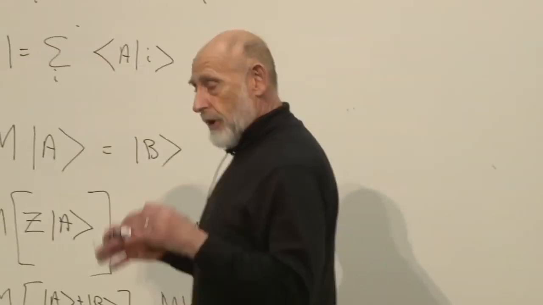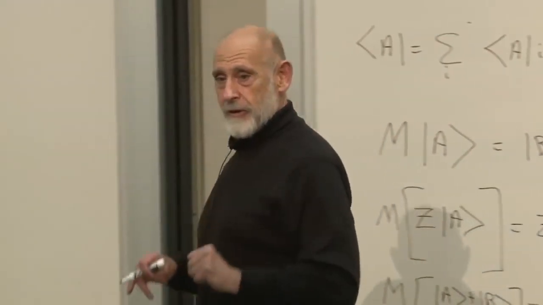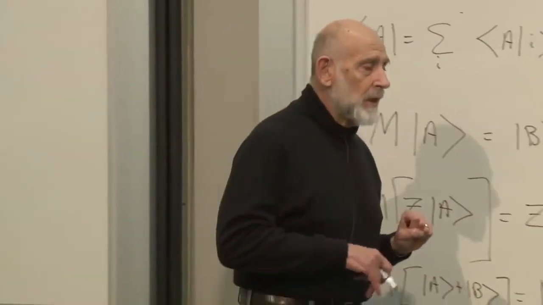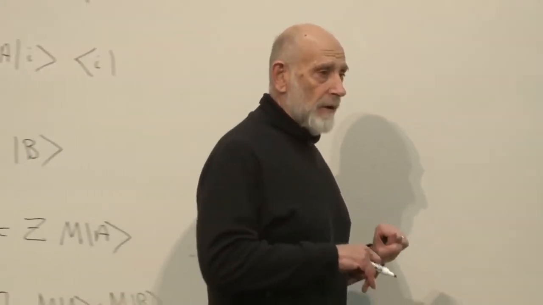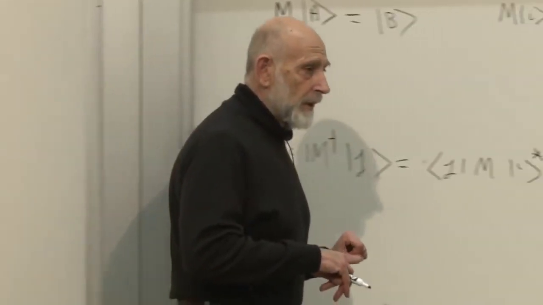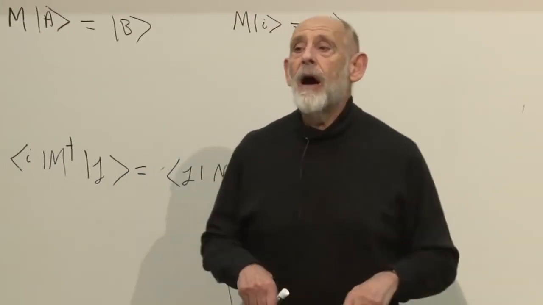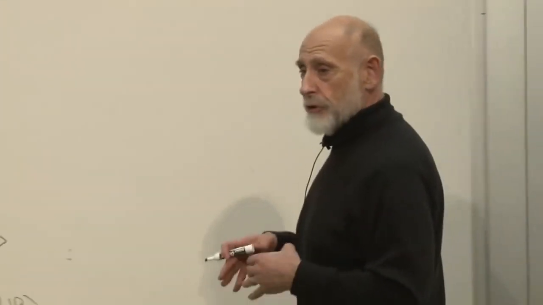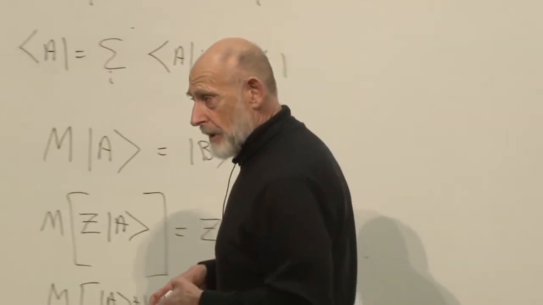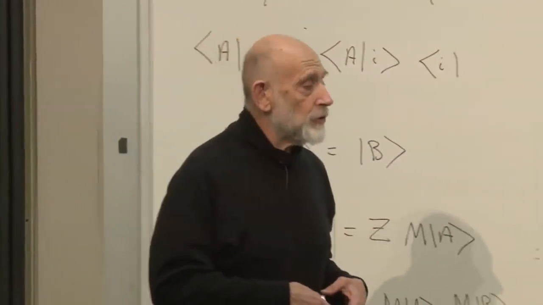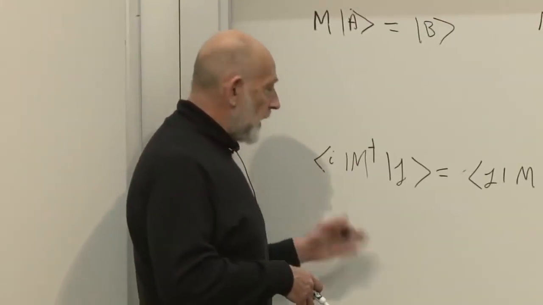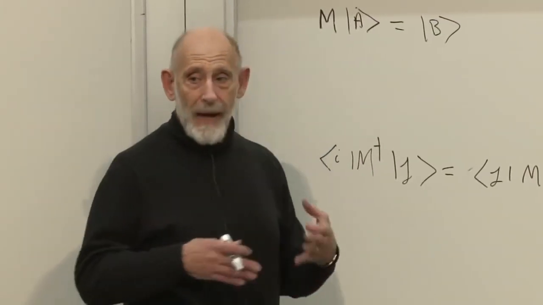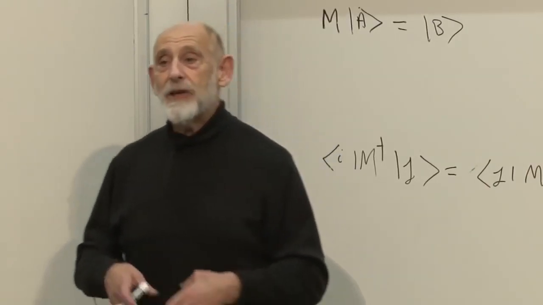If I write that z is equal to z star, you jump up and you say, that is a real number. There's a corresponding notion for operators. It's the notion of an operator which is its own Hermitian conjugate. An operator which is its own Hermitian conjugate, that means you interchange and complex conjugate and you get back to the same thing. That is called Hermitian.